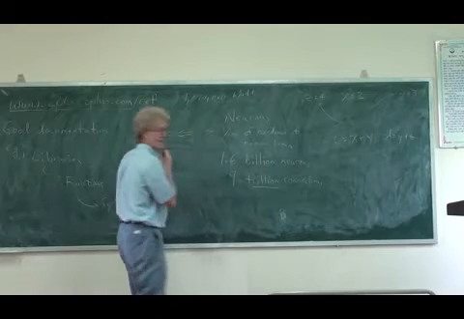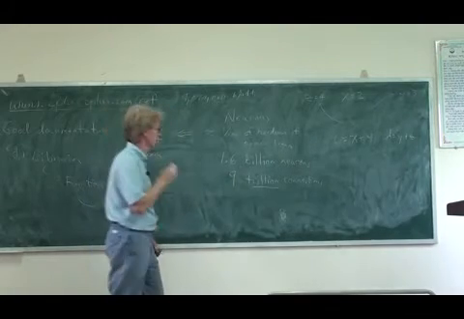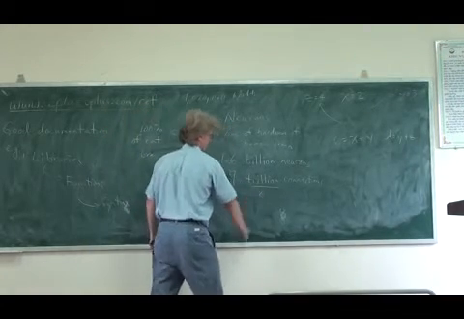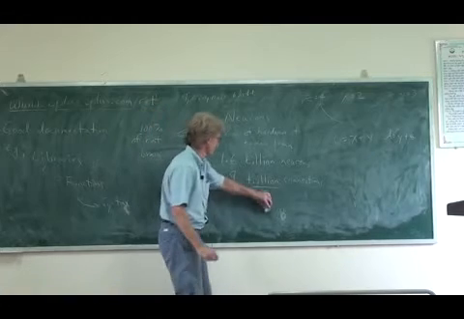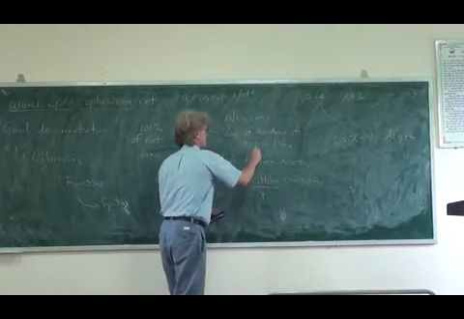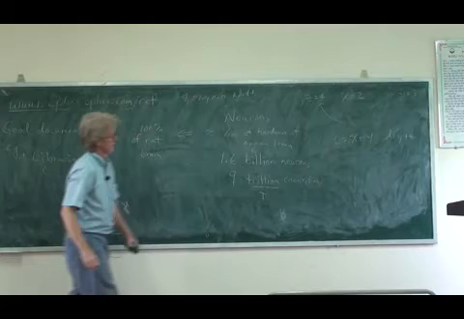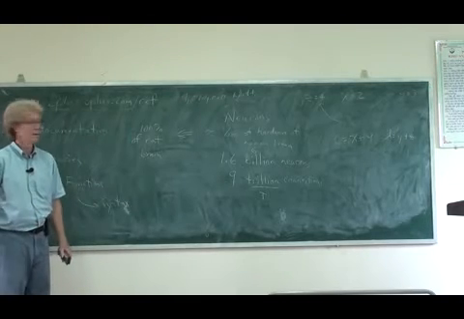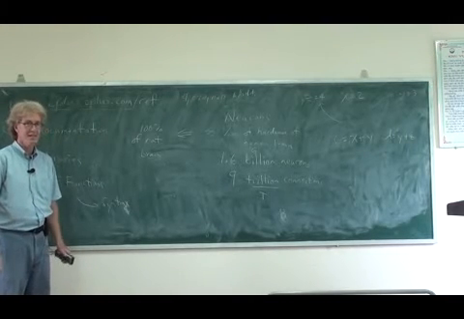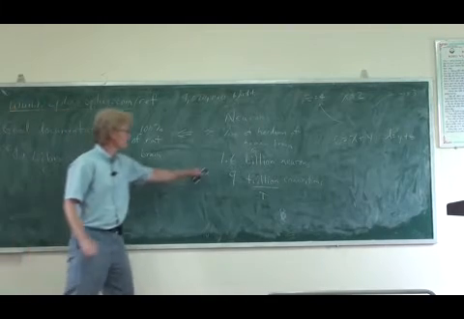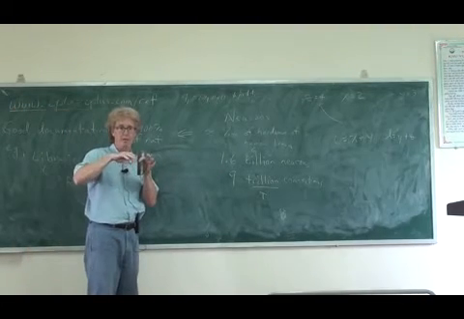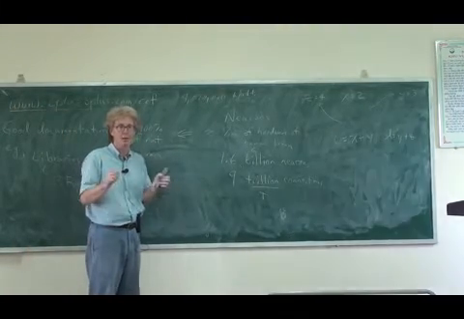9 trillion connections. A trillion is like tera. This is giga. 9 trillion connections out of 1.6 billion neurons. That means just the way that they're connected adds up to a total of 9 trillion places.